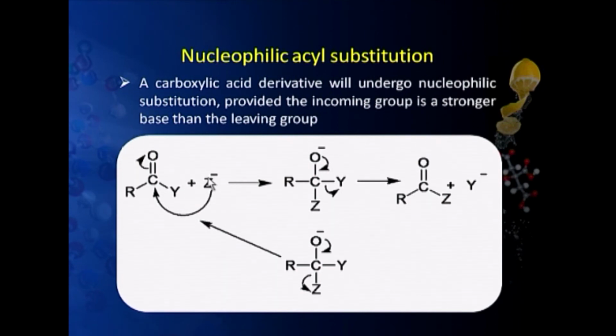It means Z should be that group which is able to displace this Y and form a stronger bond with this carbon, and Y should be a leaving group which can leave easily. So, a carboxylic acid derivative will undergo nucleophilic substitution provided the incoming group is a stronger base than the leaving group. So, the leaving group will be that group which is a weaker base.